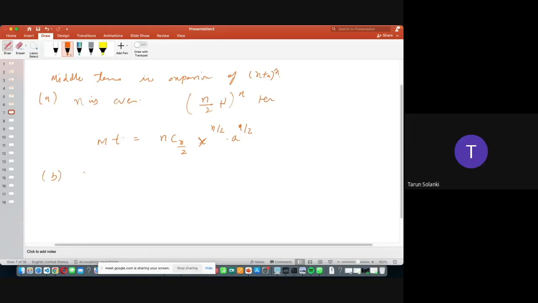And when n is odd, there will be two middle terms. So they are the ((n + 1)/2)th and ((n + 3)/2)th terms. The first one will be nC((n-1)/2) x^((n+1)/2) a^((n-1)/2).